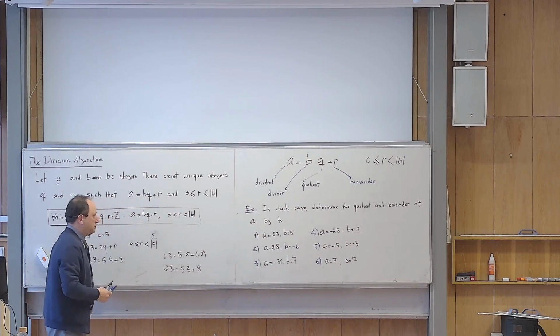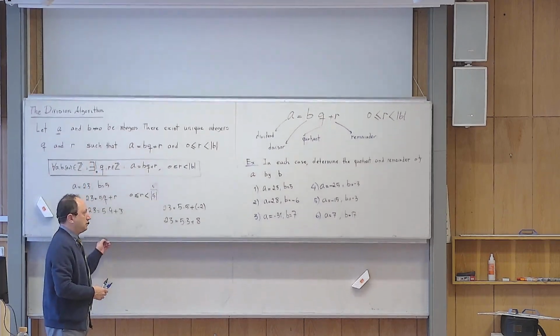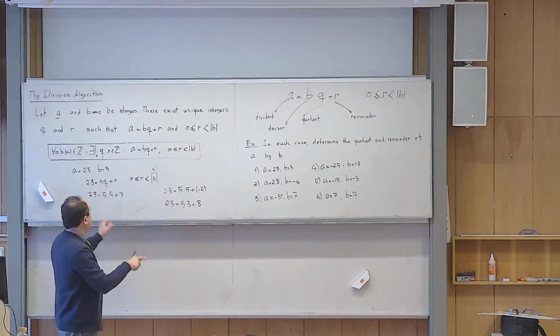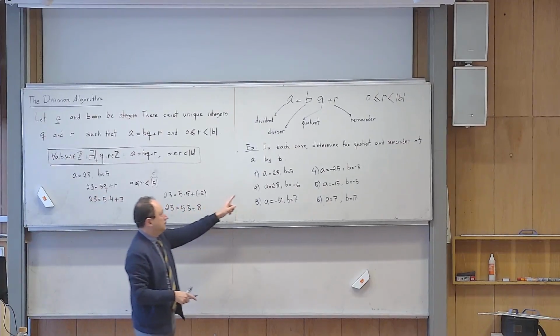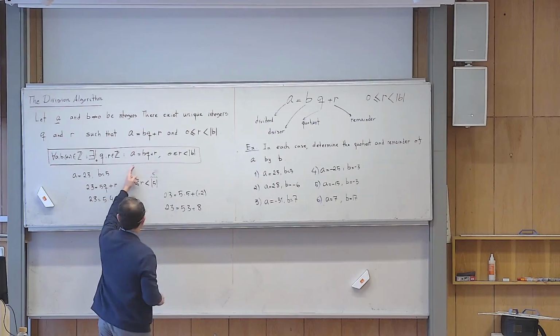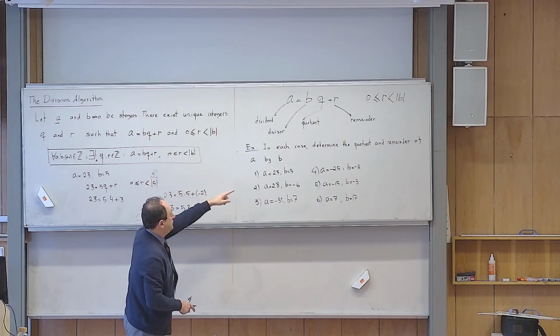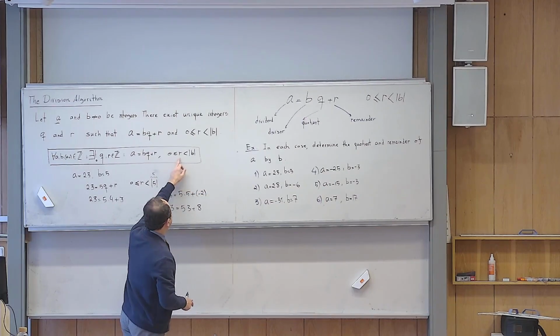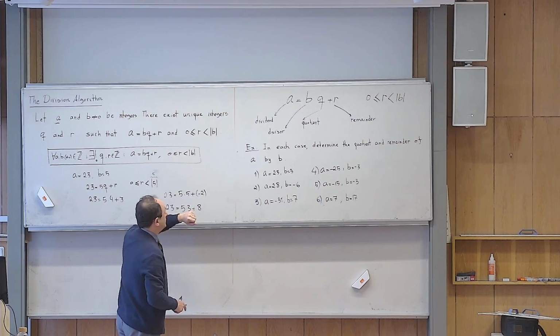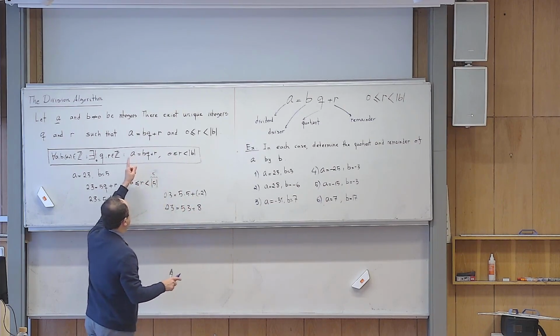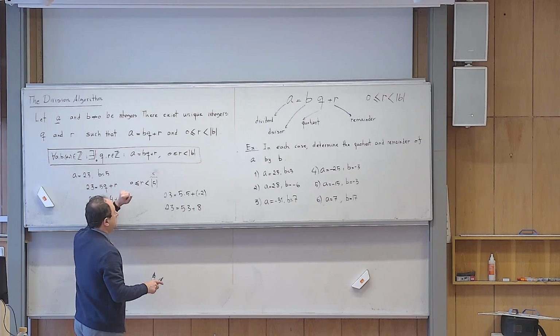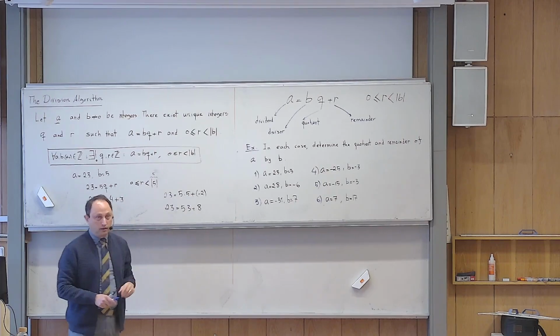So I give you a little bit of time to think. In each case, you have to write A in this form with the given B, but you also have to respect that the number you choose for R should satisfy that condition. As far as you are done, this is guaranteed, it is always possible, but it is also guaranteed that it can be done only in one way, okay?